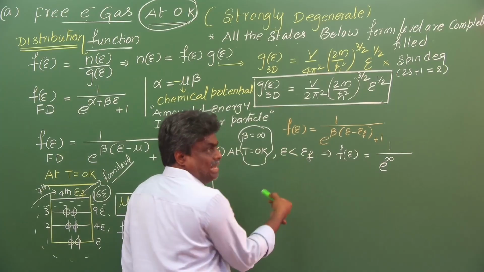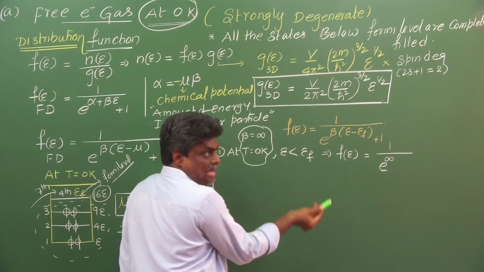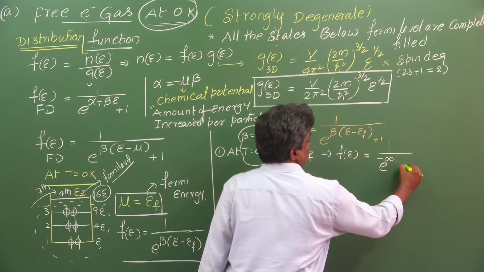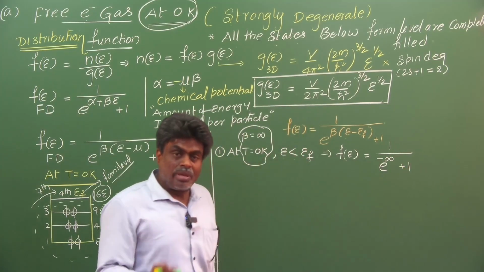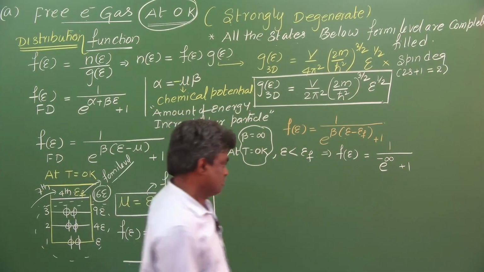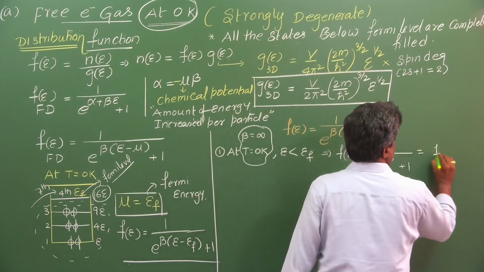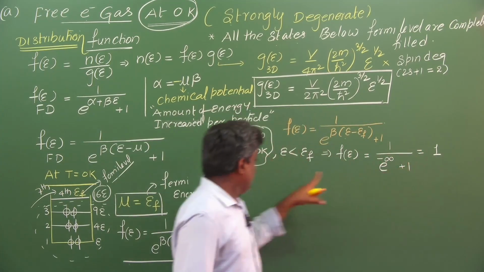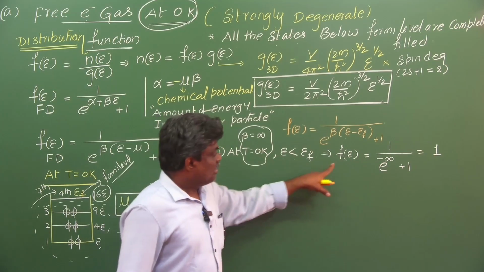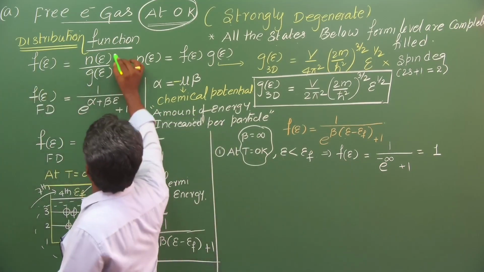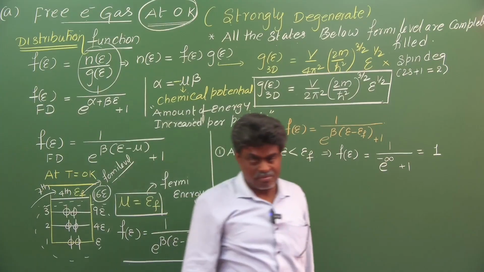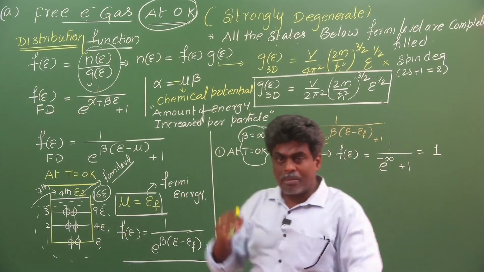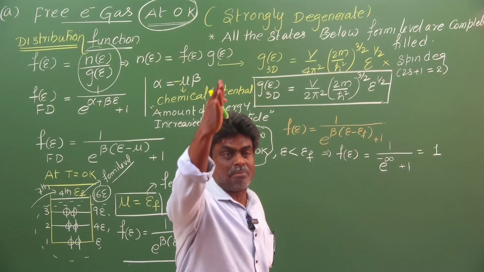Now E less than EF, so E minus EF is negative or positive? Negative. Plus 1. So e raised to minus infinity is 0. That's why the distribution function equals 1 when E is less than EF. f of E I defined as N of E by G of E equal to 1. Number of particles equals number of states.